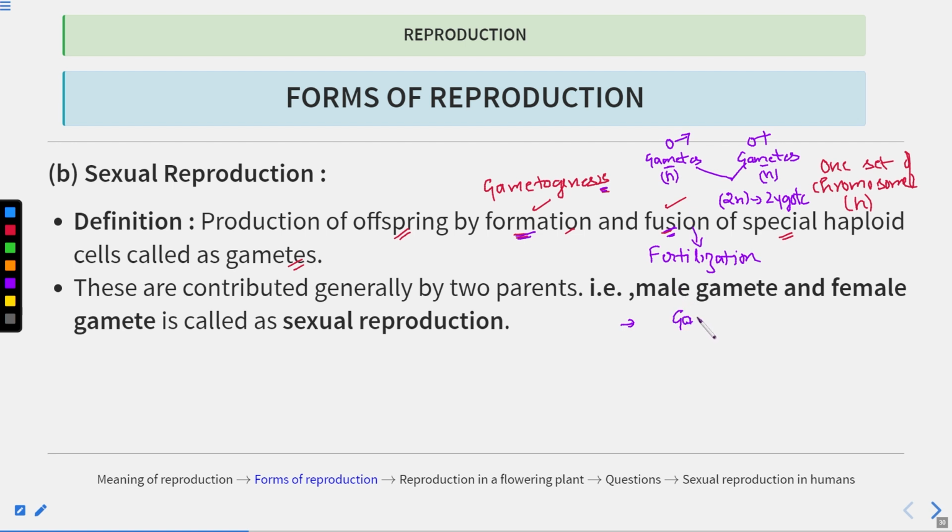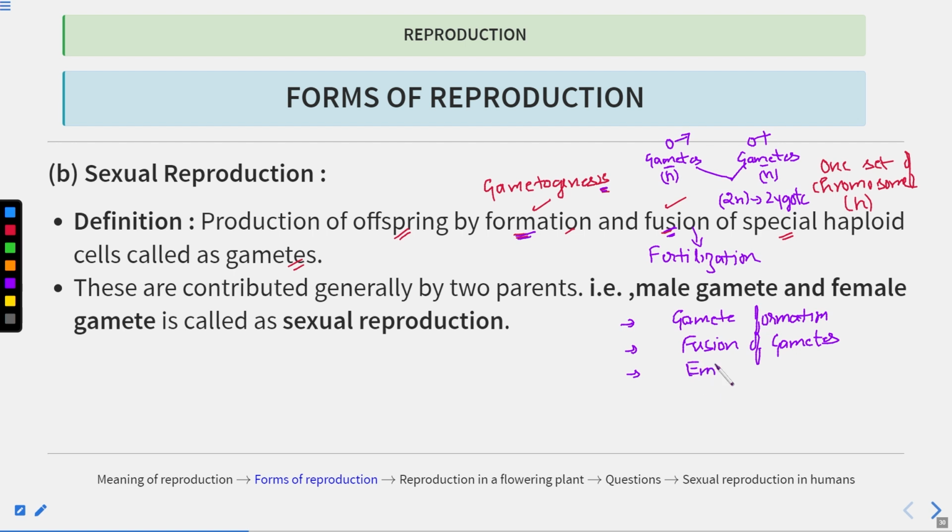So we can write the steps of sexual reproduction. First is gamete formation. Second is fusion of the gametes. After fusion of the gametes, the zygote is formed, and from the zygote the embryo will be formed, and then the embryo will undergo differentiation to form the entire organism.